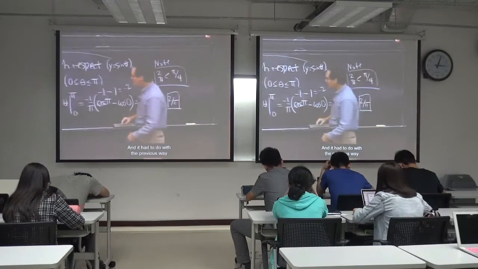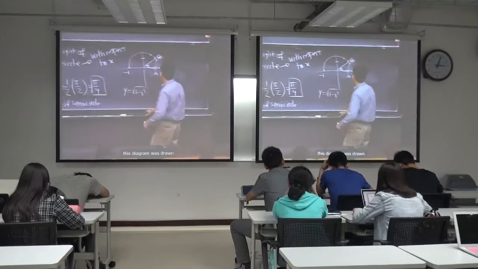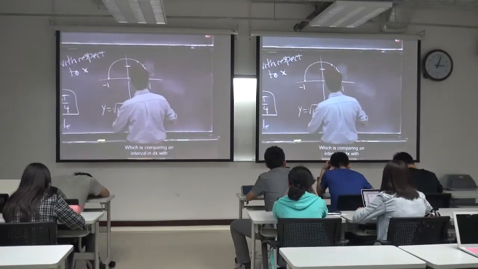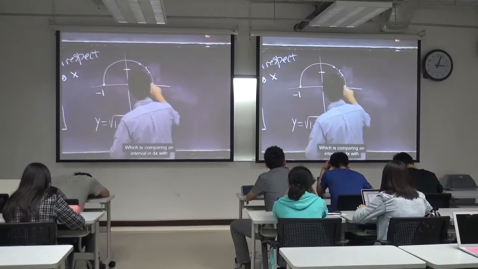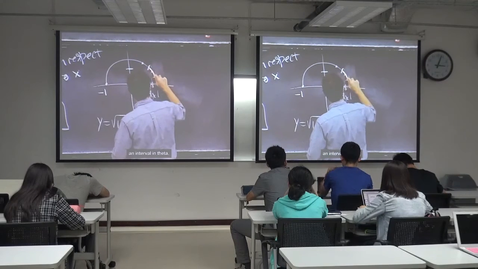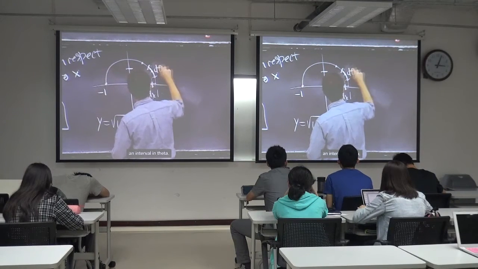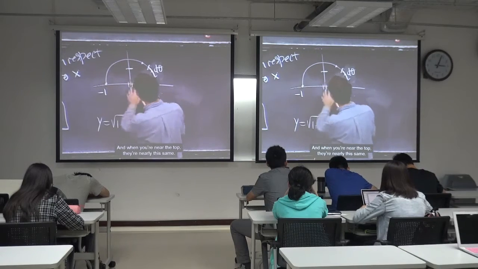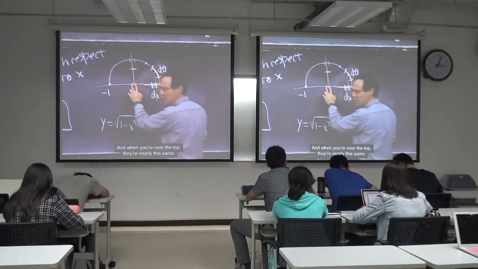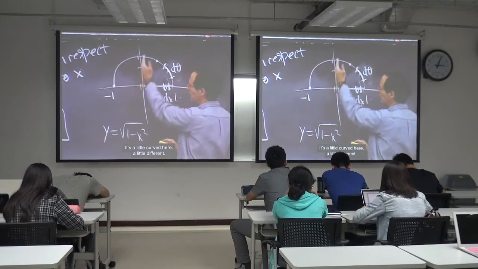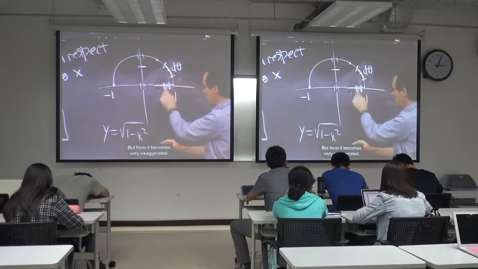And it had to do with the previous way this diagram was drawn, which is comparing an interval in dx with an interval in theta, a little section in theta. And when you're near the top, they're nearly the same. That is, it's more or less balanced. It's a little curved here, a little different. But here it becomes very exaggerated.